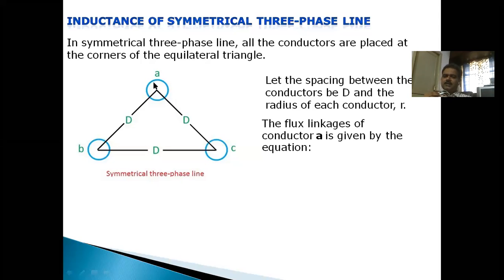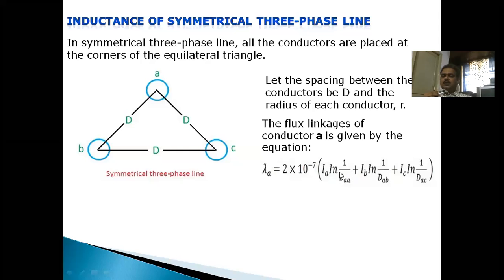If we apply the same formula we calculated previously, the total flux linkage in conductor A is due to the current passing through the same conductor, that is IA into ln 1 by DAA.